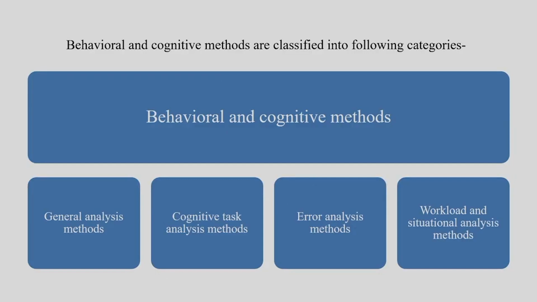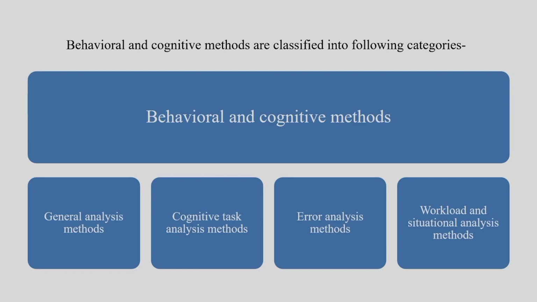But it is nowhere restricted that you cannot start with the workload and situational analysis method; if you have a lead that it is the requirement of your study, you can definitely start with it. But it's a baby step that we always try to take: we start with general, then go for cognitive task analysis, error analysis, and workload and situational analysis, if you want to conclude in a detailed manner.